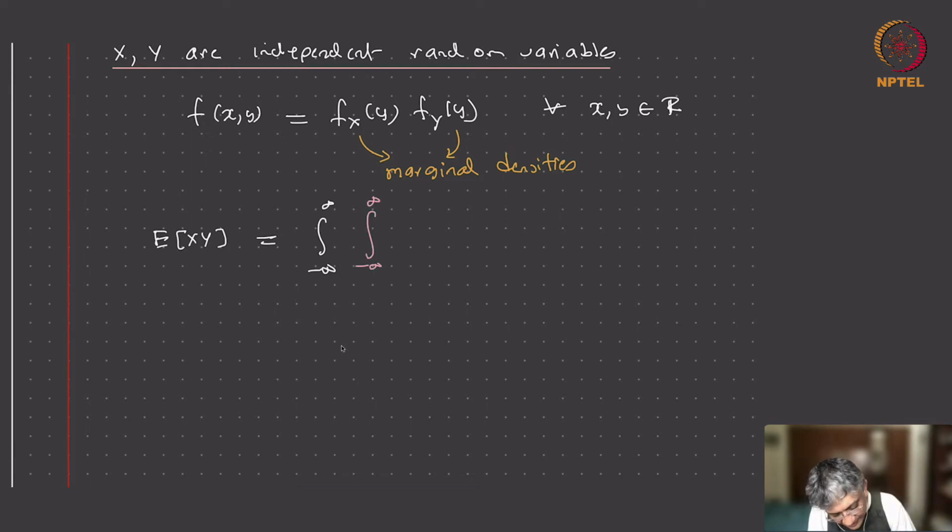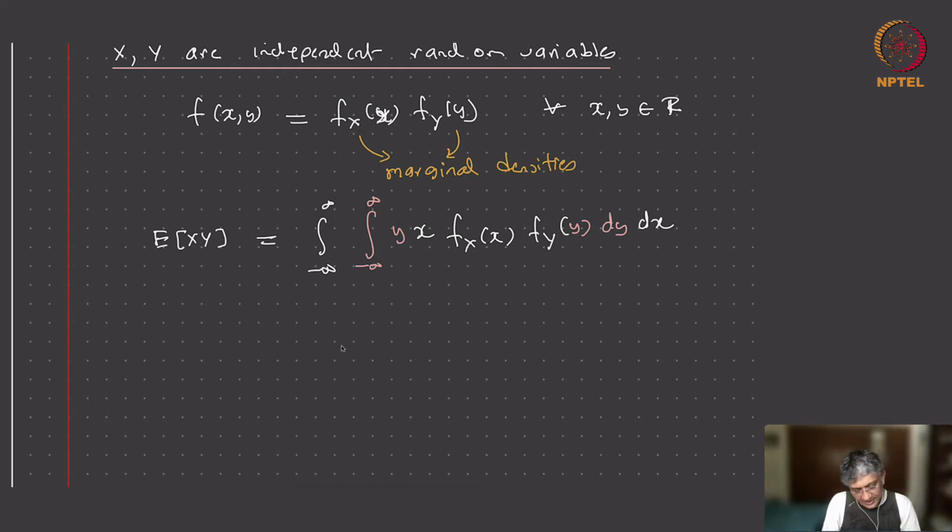So I'll have y, and I have an x, and I have f_X(x), and f_Y(y), and then dy dx. But now if you observe in the pink part, this x f_X(x) doesn't at all worry about the integrand of dy, so I can pull it out.